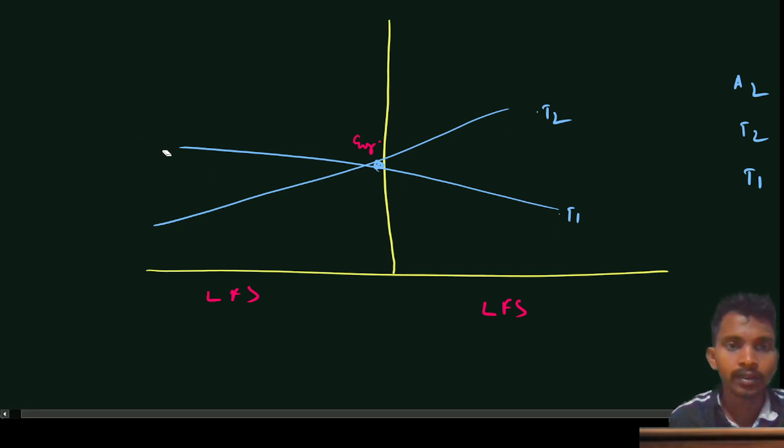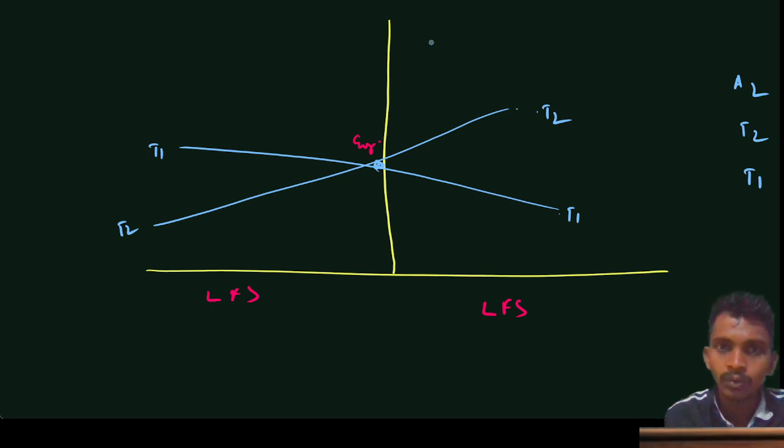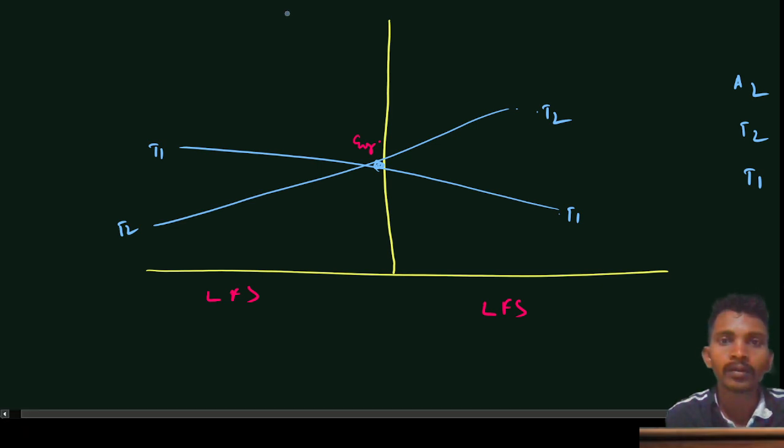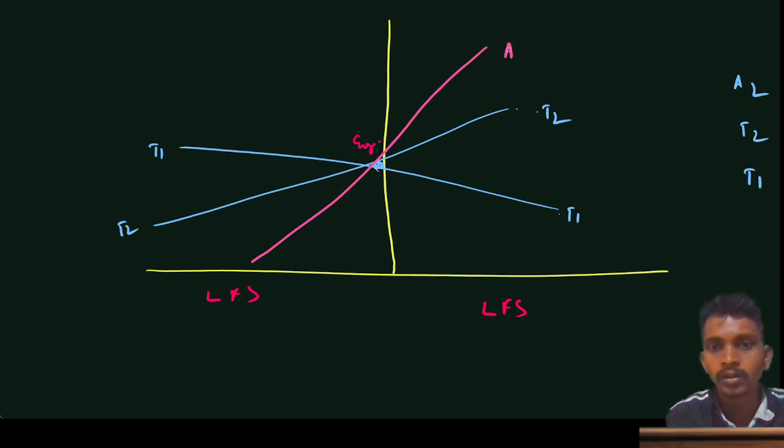Then this is T1, this is T2, and A2 will be somewhere like this. This is the A2.